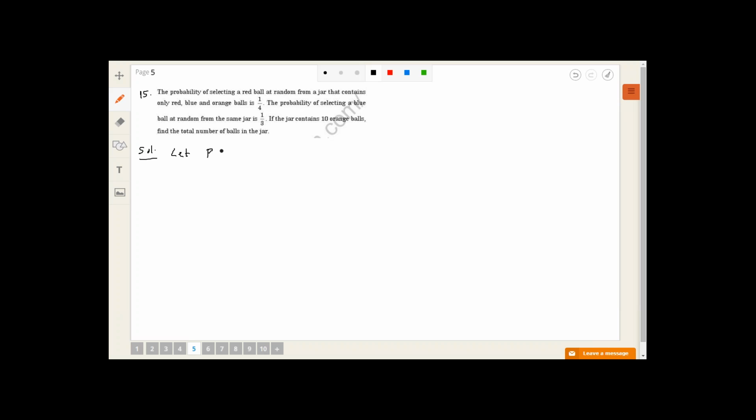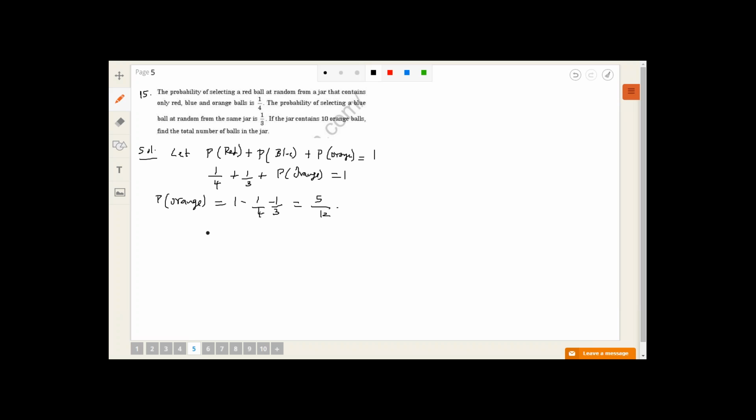So let probability of finding the red ball plus probability of finding the blue ball plus probability of finding the orange ball be equal to 1. Here it is given that probability of selecting a red ball is 1 by 4 and probability of selecting a blue ball is 1 by 3 plus probability of selecting the orange ball is equal to 1. So probability of selecting the orange ball will be equal to 1 minus 1 by 4 minus 1 by 3, that is equal to 5 by 12.